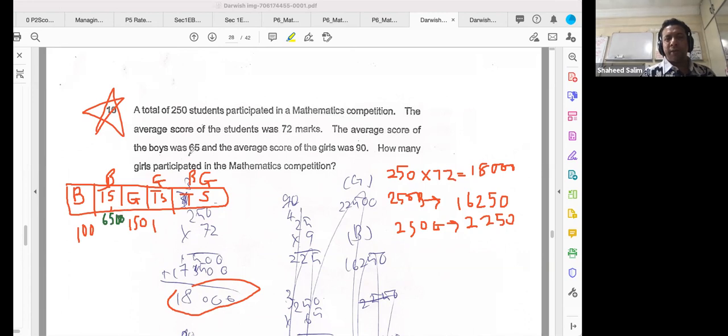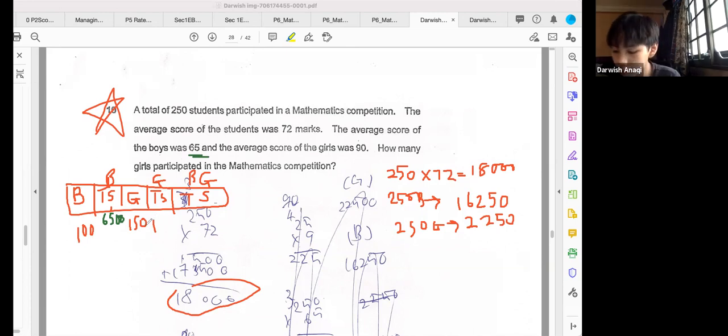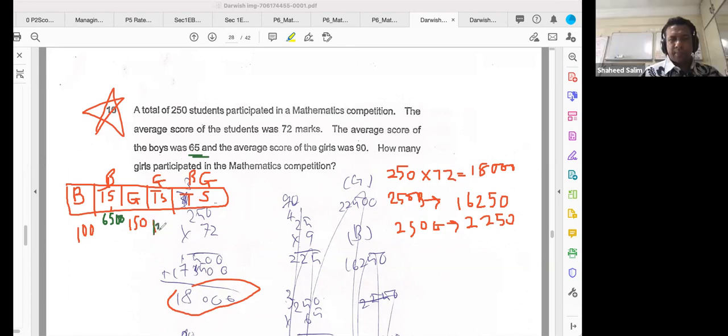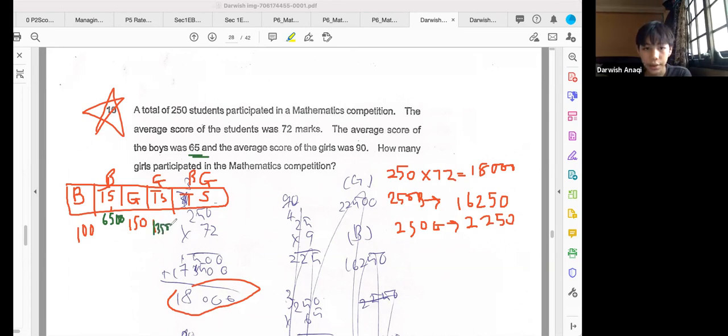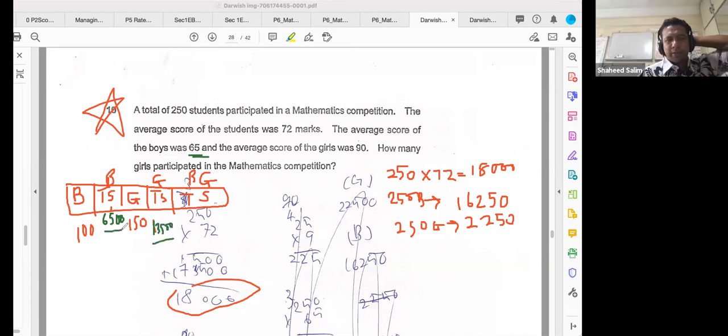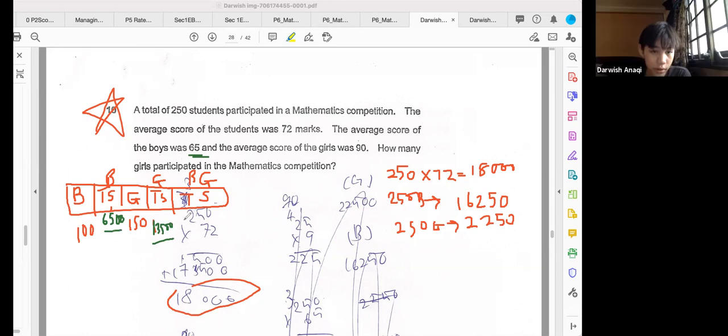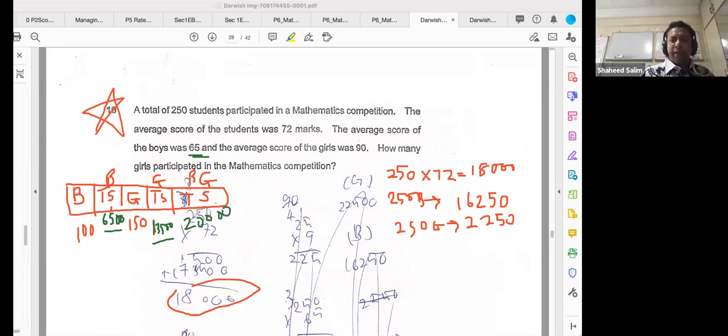Because you must times by 65. 100 times 65 is 6,500. Then girls 150, you times by 90, how much you get? 13,500. 13,500 plus 6,500, how much you get? 20,000.